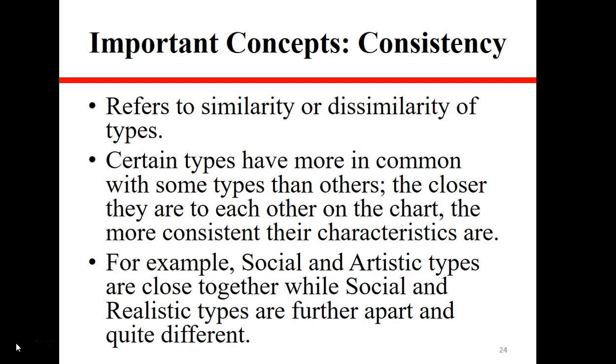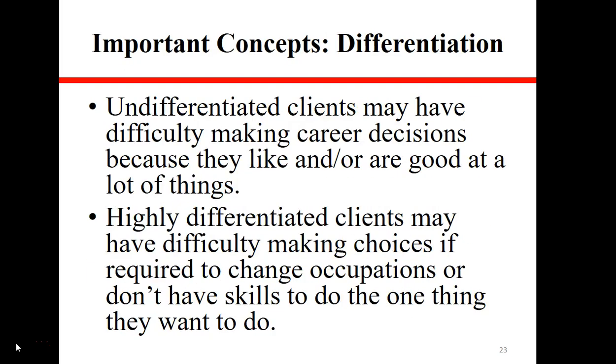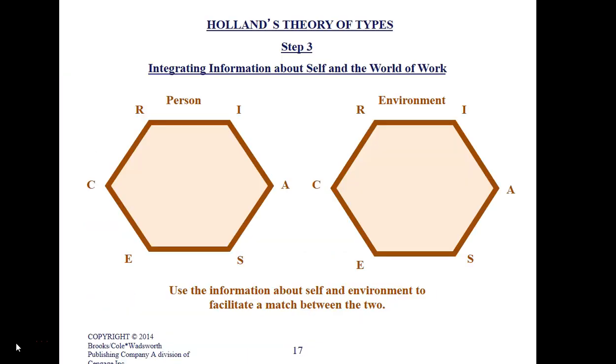So for example, when we look at the chart, we can see that the social, artistic, and enterprising occupations are all close together. So they tend to have some similarity to each other as opposed to, let's say, investigative versus enterprising.